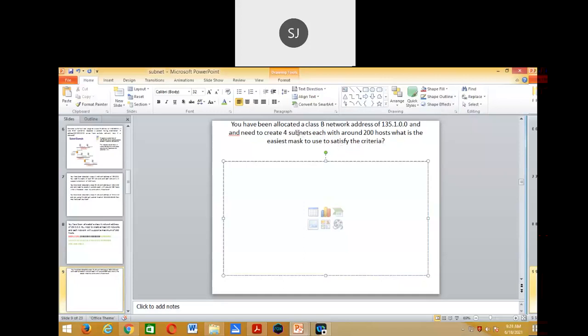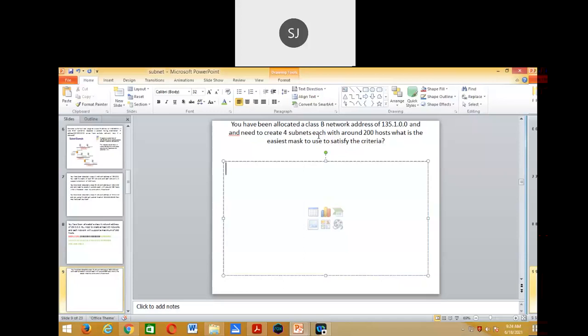See what the question says. 4. So you need to create 4 subnets. So for creating 4 subnets, how many bits do you require in the host ID?